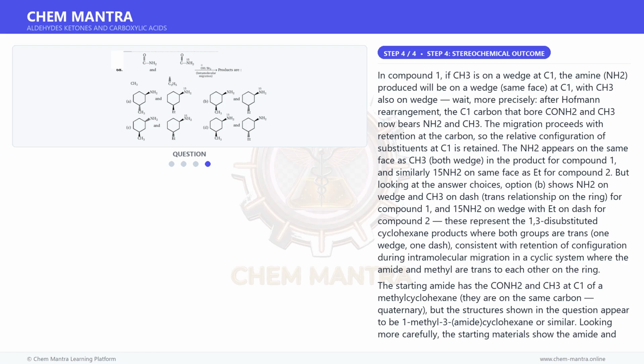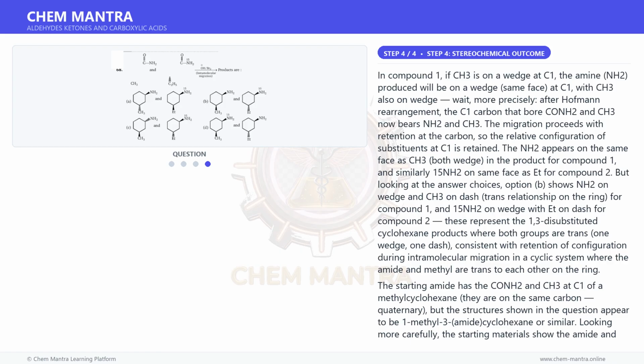With Br2, OH- and intramolecular migration, the Hofmann product places NH2 where CONH2 was, with retention, giving a trans 1-amino-3-methylcyclohexane, NH2 on wedge, CH3 on dash, for compound 1, and trans 1,15NH2, 3-ethylcyclohexane, 15NH2 on wedge, ethyl on dash, for compound 2.